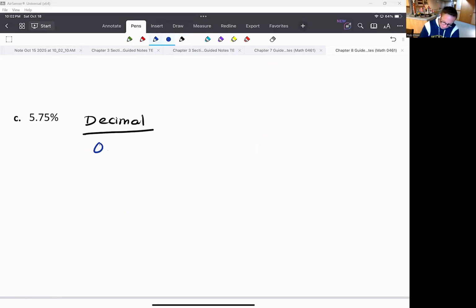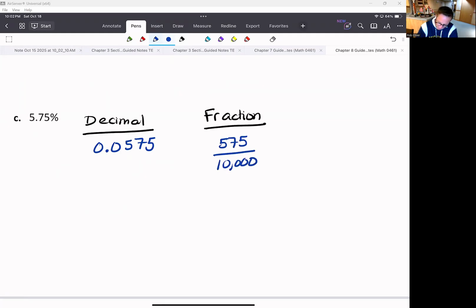As a decimal, it's going to be 0.0575. All right. And then as a fraction, I'm going to start out with 575 over 10,000, because that's the 10,000's place right there.